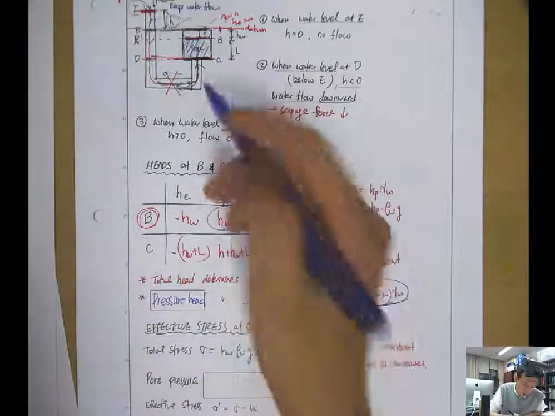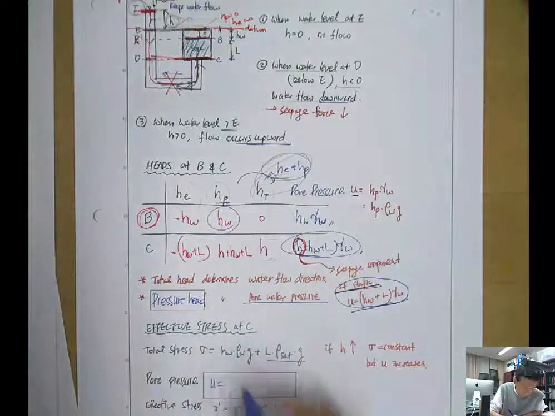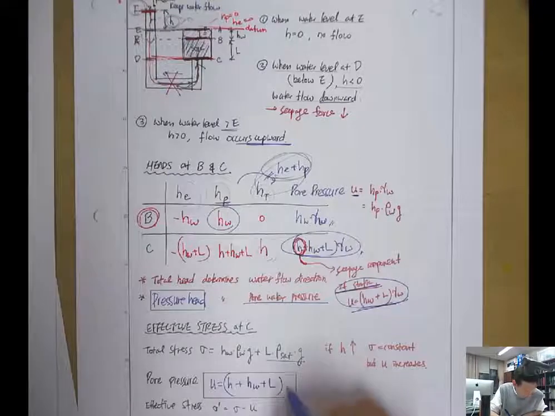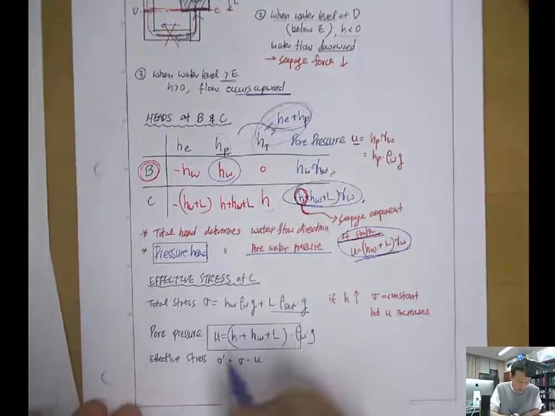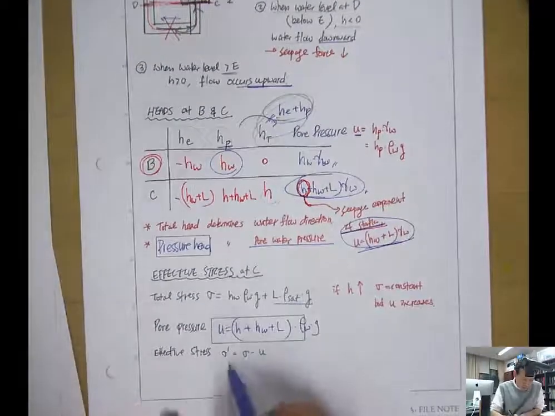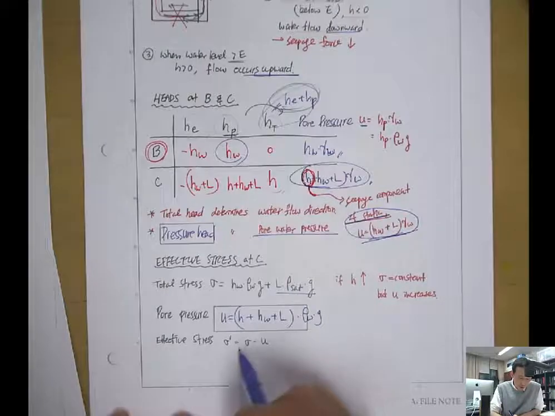And the pore water pressure at C is what? U is H plus HW plus L times rho W times G. So then let's get the effective stress from sigma minus U.